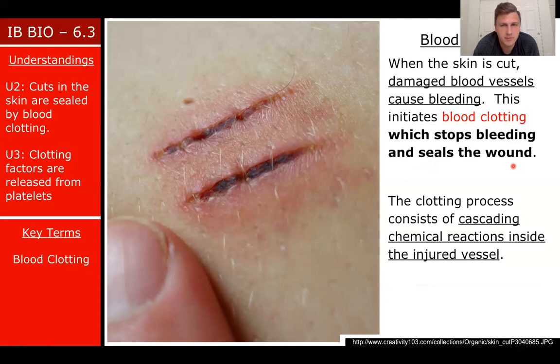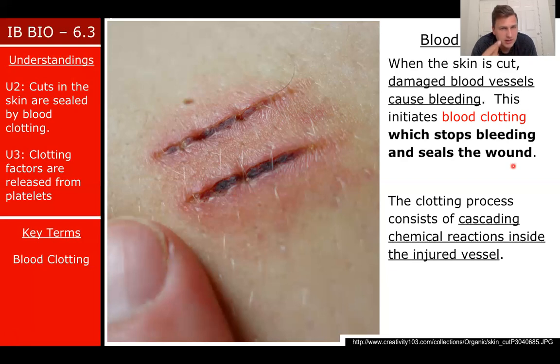The clotting process consists of cascading chemical reactions. I want to quickly talk about what that means. A cascade is a process, kind of like a domino effect, where when one domino falls, then the second one will fall, the third one will fall. If I'm step 3 in the process, I need step 2 to happen before I can be generated.